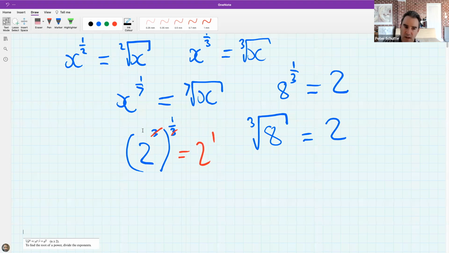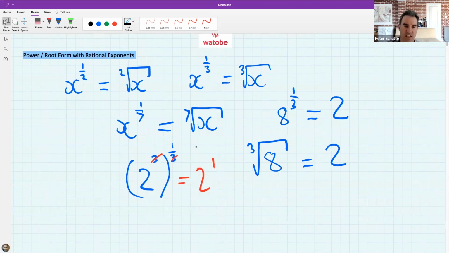Now, what can sometimes happen is that we need to deal with powers that are not of the form 1 over something. All the examples I've chosen so far, you'll notice, are 1 over something. It's very easy to change from this form when there's a 1 there.